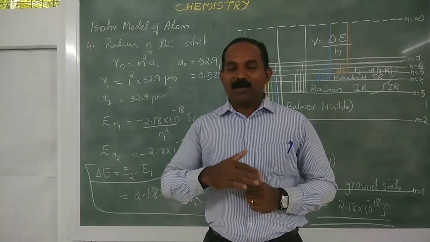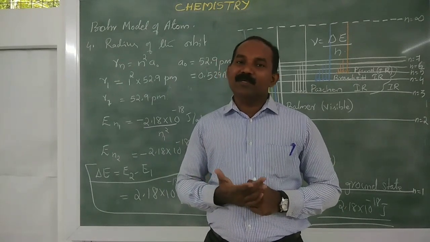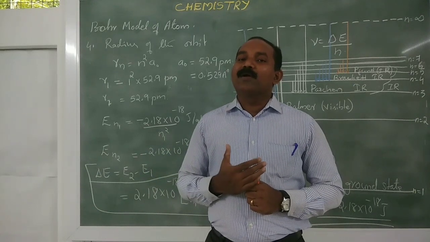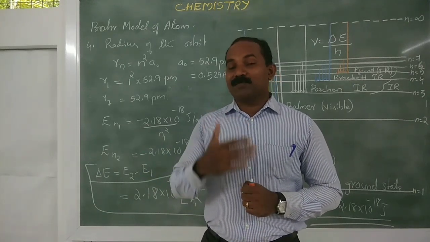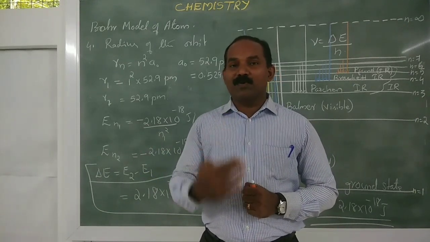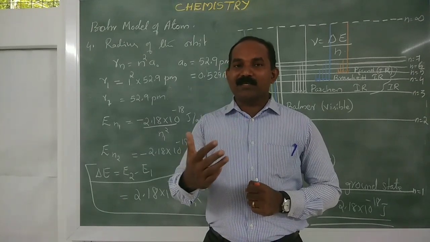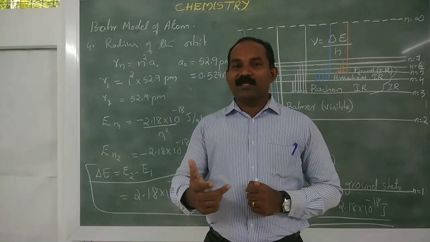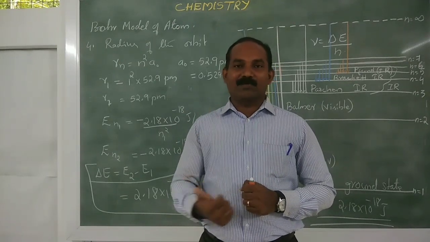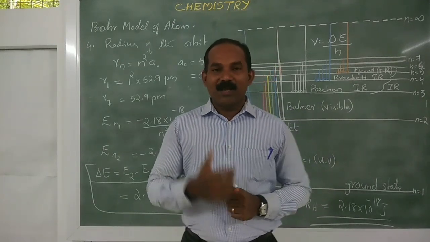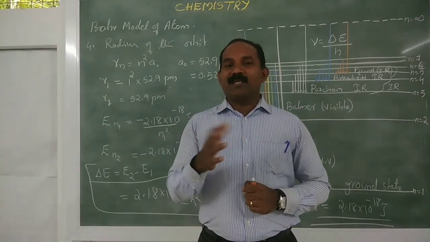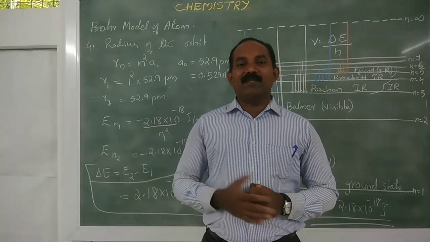I think you understood the concept. Please write it into your notebook. And also the 4 important merits of the Bohr model. One is that it explains the stability. Second is the hydrogen spectrum. Third one is energy calculation. Fourth one is radius calculation. From energy calculation, we can also find the change in energy between the two levels.